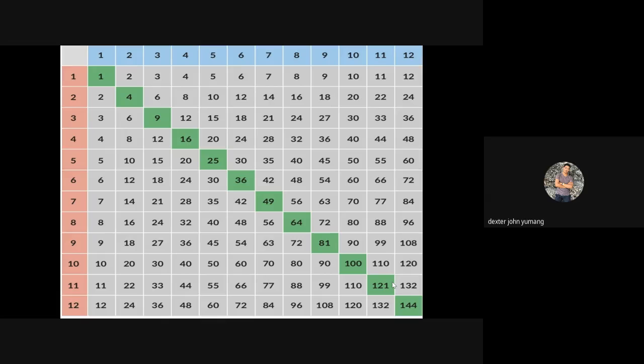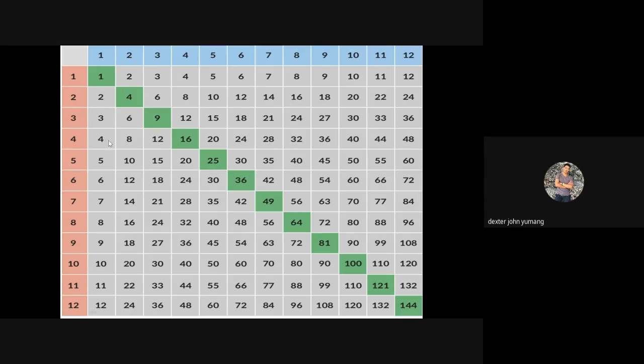Tingnan nyo, square root of 50, andito siya banda, 49 and 64. Ano po yung number na yan? So, Carl is correct, 7 and 8. Square root of 49 is 7, and square root of 64 is 8. Si Carl is correct. So, next.